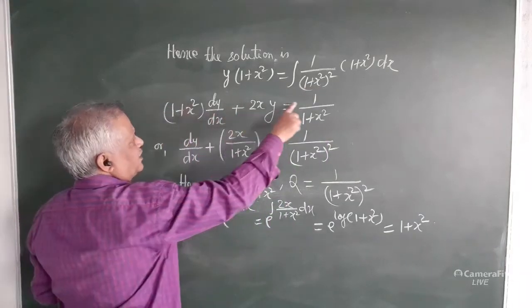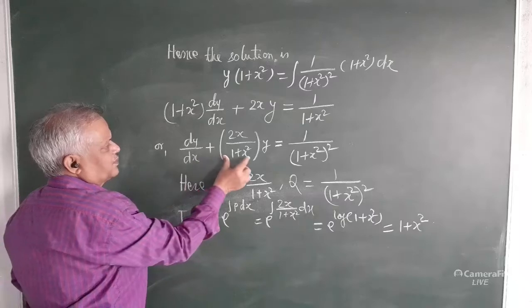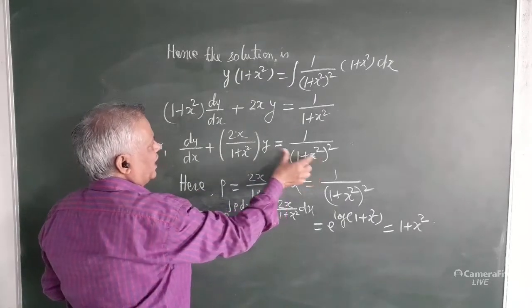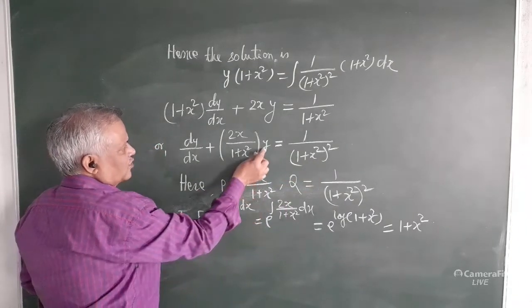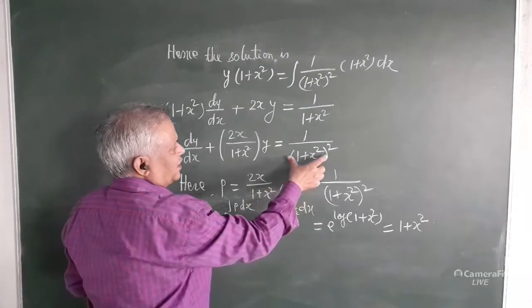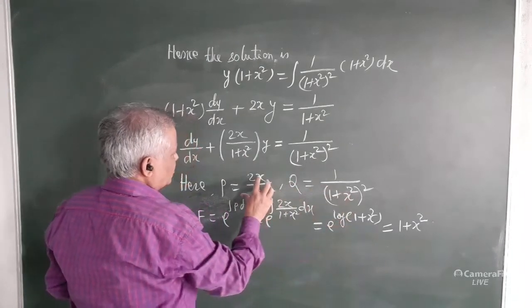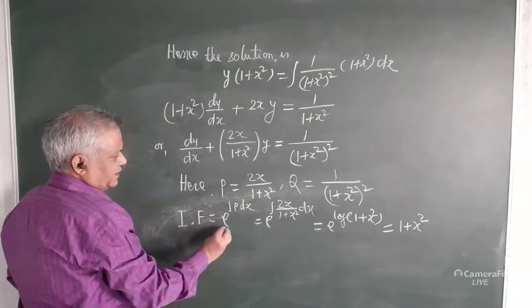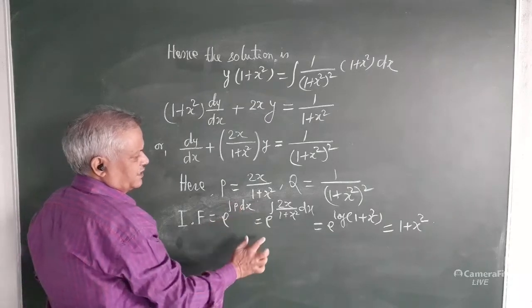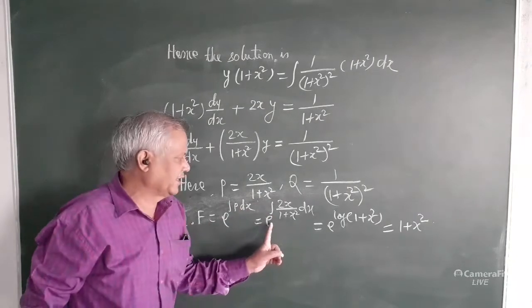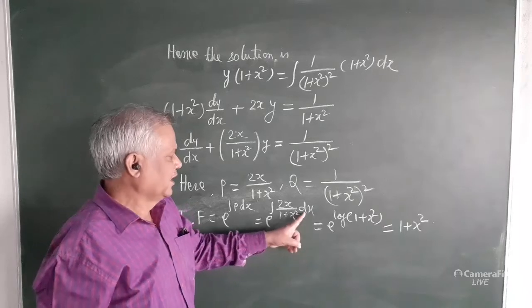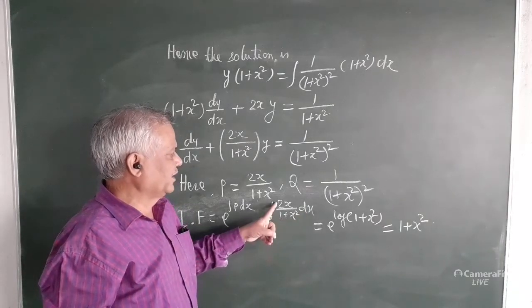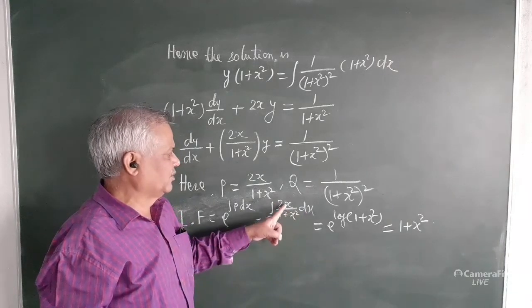So the equation is reduced in the form of dy by dx plus py is equal to q. P is the coefficient of y, q is this term. So the integrating factor is e to the power integral 2x divided by 1 plus x square dx. The derivative of the denominator is present in the numerator, so it gives log of the denominator.